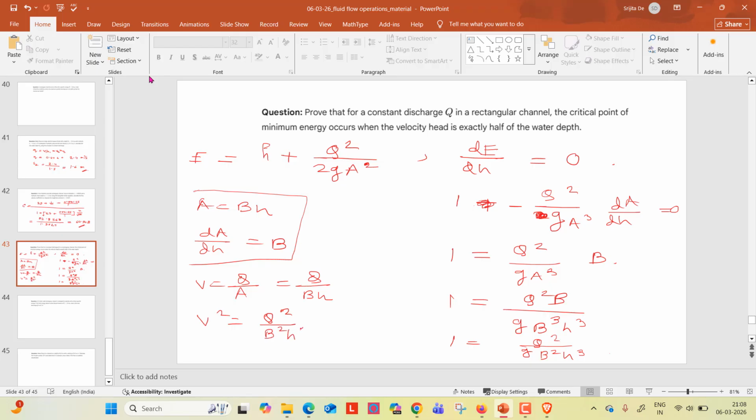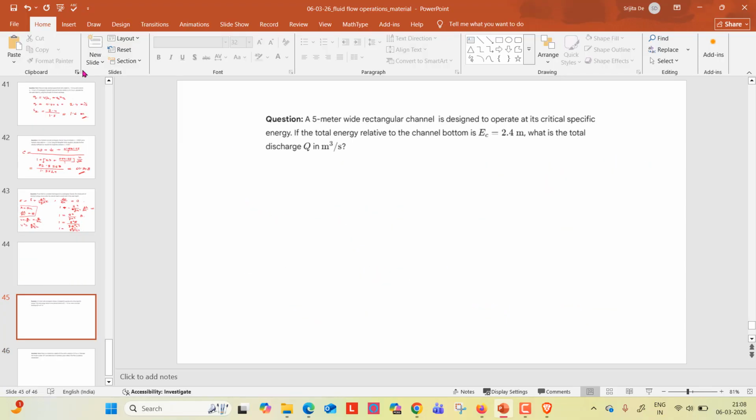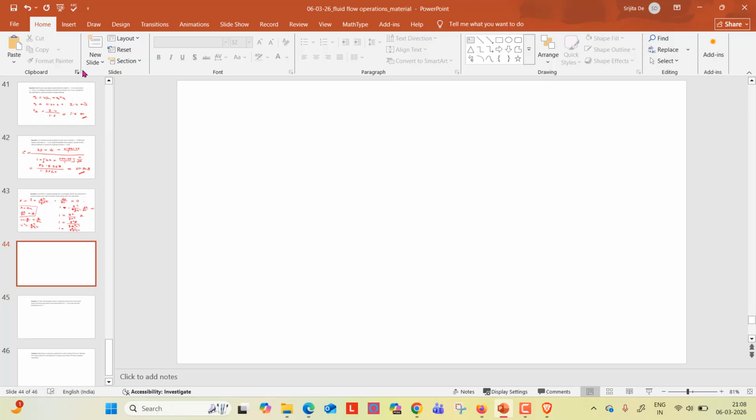So if we substitute this value in here, it was 1 equals Q square by G B square H cube. So it is 1 equals Q square by G B square H cube.